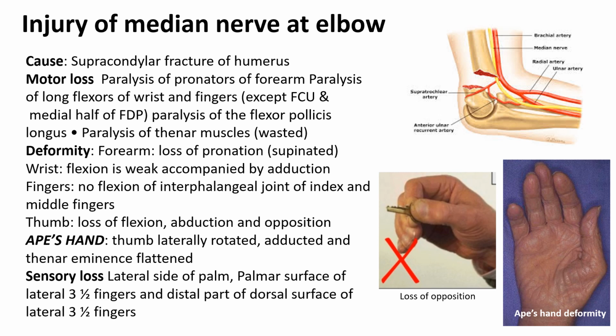In the fingers, there will be no flexion of interphalangeal joint of index and middle finger, because the ring and little finger is supplied by the medial half of flexor digitorum profundus. So there will be flexion at the interphalangeal joints of both ring and little finger, but not the index and middle finger.